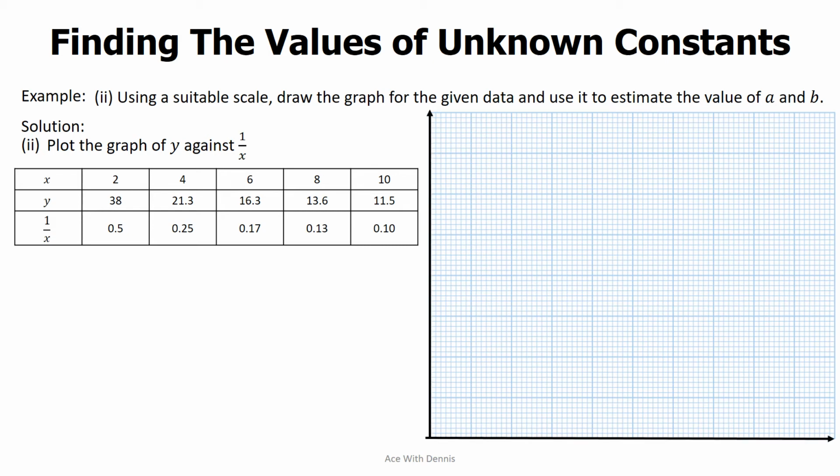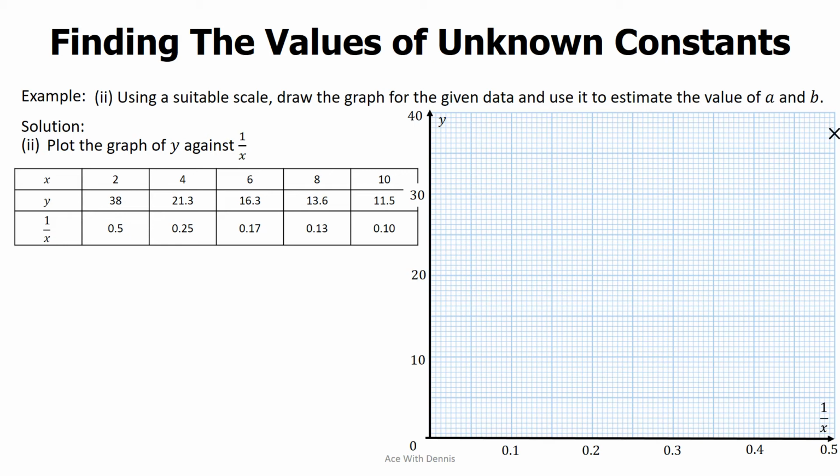Here is the x-axis and here is the y-axis, where the x-axis is 1 over x, the y-axis is y. Then we can draw the scale. For the x-axis, we can draw 2 units to 0.1 units. We get 0.1, 0.2, 0.3, 0.5. For the y-axis, the scale is 2 cm to 10 units. So 10, 20, 30, 40.